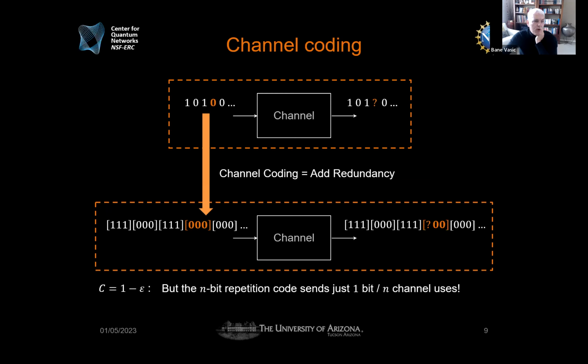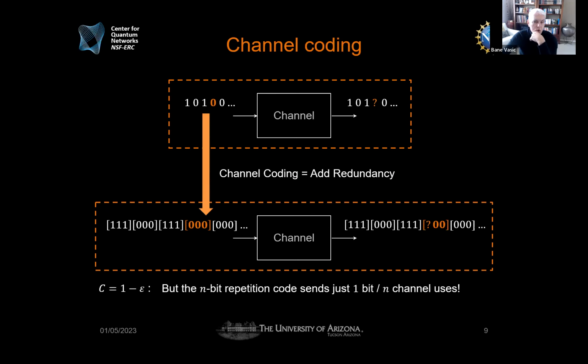So every symbol, 1 or 0, is repeated 3 times. Now it is transmitted over the channel, and you see that if there is a single error in this triple of 3 bits, this error can now be corrected. The correction can be done simply by majority rule.